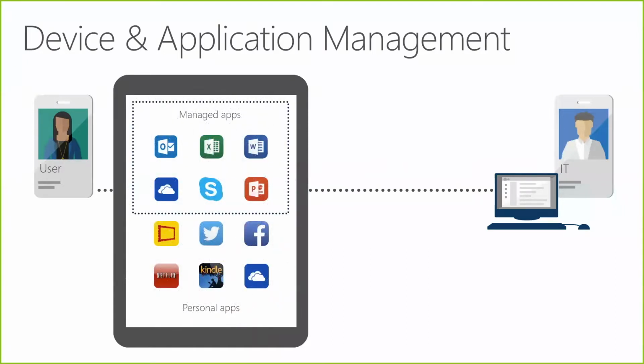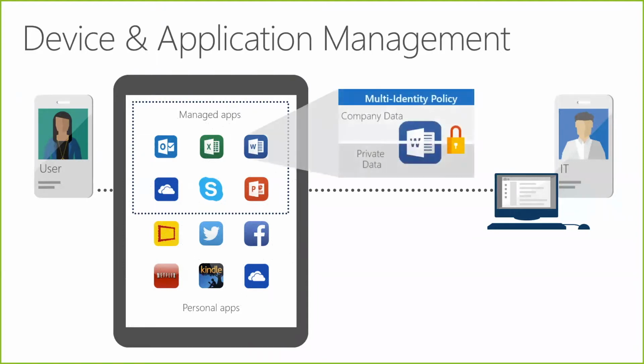For the managed apps, we can set up policies based on mobile application management, mobile device management, and Azure Active Directory in combination. So in these managed apps, we have apps like, for example, Word, which are used for private and for company data, which is no problem.